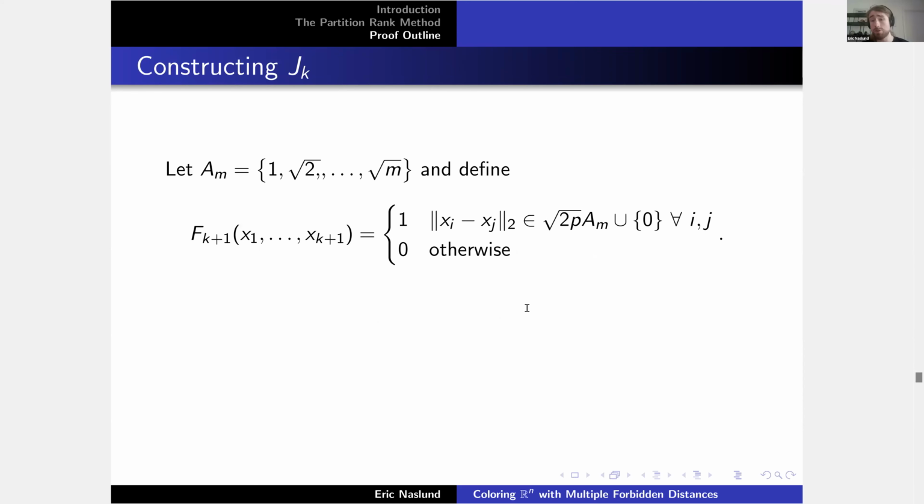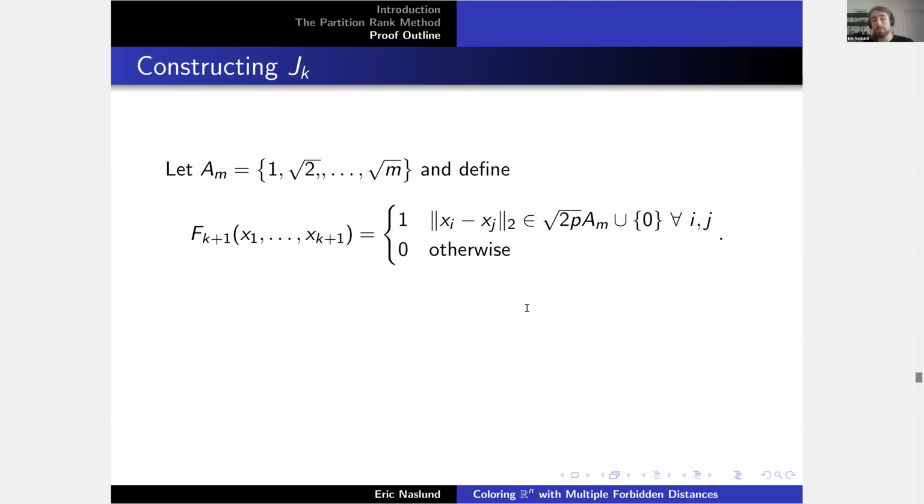Okay, so the way we'll construct JK is, we haven't talked about what distance set yet, but we'll take the distance set 1, square root 2, all the way up to square root m, and we'll define our tensor. So we'll define f_{k+1} of x1 all the way up to x_{k+1} to be 1 when our distances are in this set times a multiple that we'll come back to, and 0 otherwise.